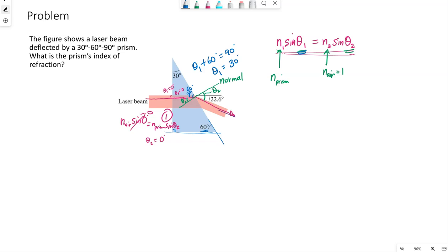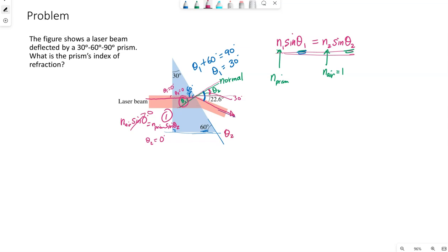Theta 2 is this entire angle over here. It's going to be the 22.6 degrees plus this portion in here. But this smaller portion is 30 degrees as well, because we have the normal line and then the horizontal line. Theta 1 is the angle between those.